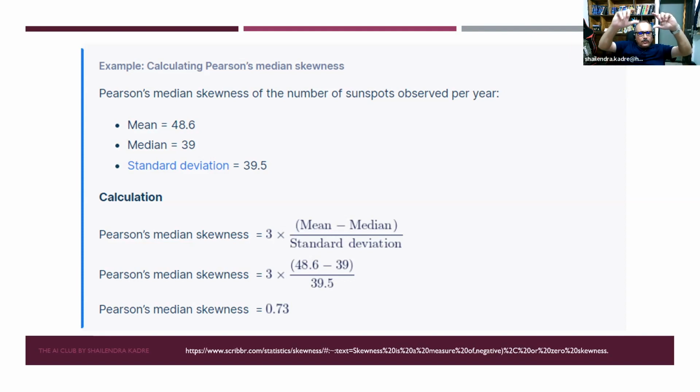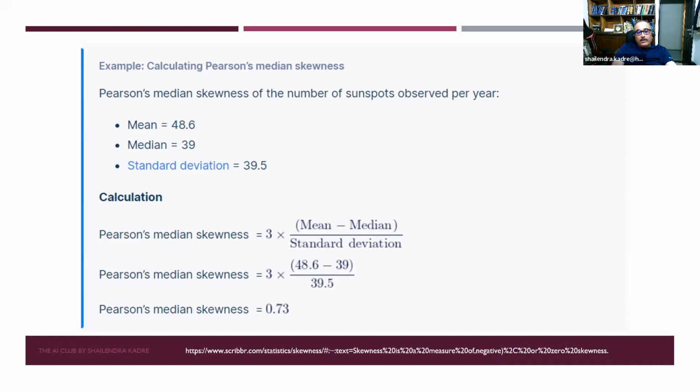You put that data into an Excel sheet, and applying the formula, you have got these values from Excel. Now just put in this formula: 3 into mean minus median upon standard deviation. So 3 into 48.6 minus 39 upon standard deviation 39.5. So now Pearson median skewness has come as 0.73.